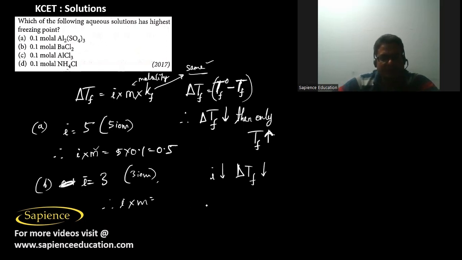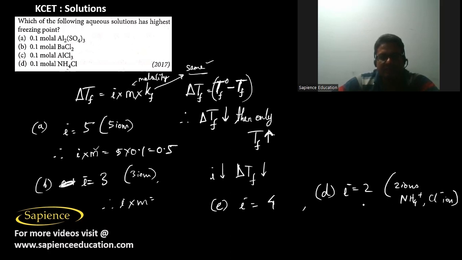In option C, the Van 't Hoff factor for AlCl3 is 4, since it will give 4 ions, and for option D the Van 't Hoff factor is 2, since it will give 2 ions: the ammonium ion NH4+ and Cl minus ions. So the Van 't Hoff factor is the least for option D, ammonium chloride. Therefore the depression in freezing point will be the least, so the freezing point will be the highest. So option D is the correct answer.